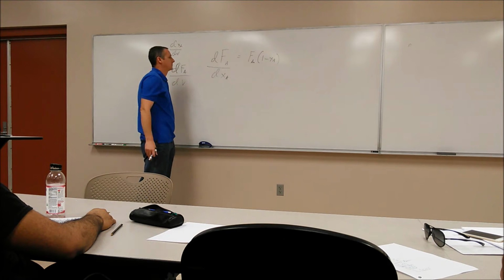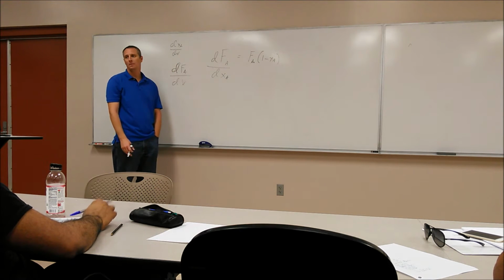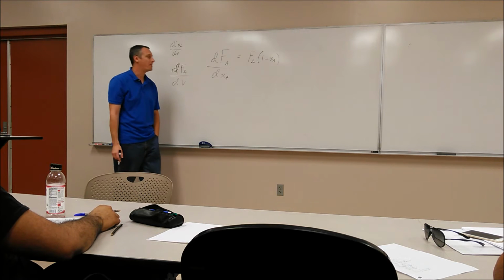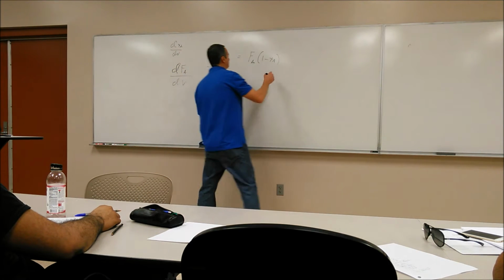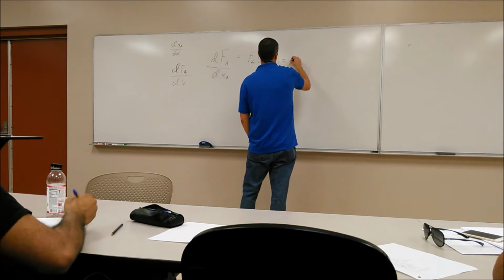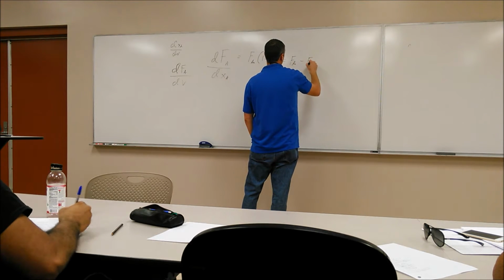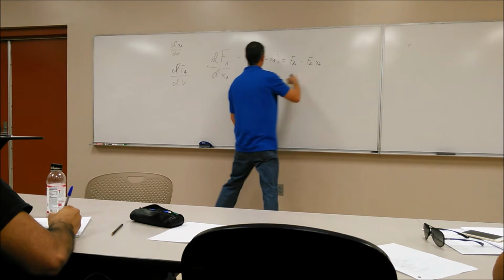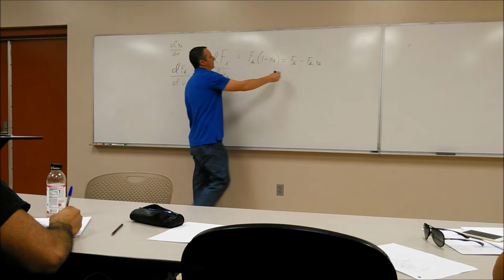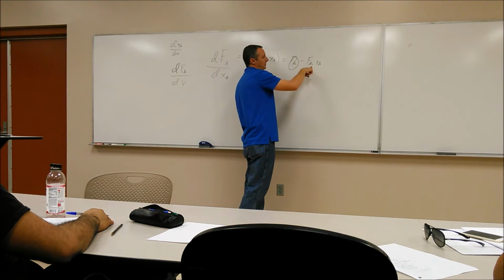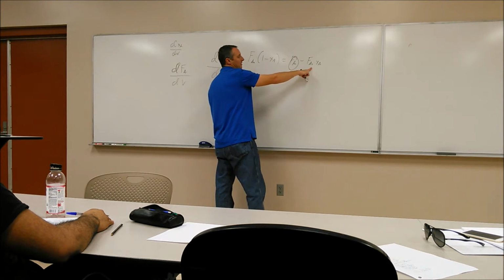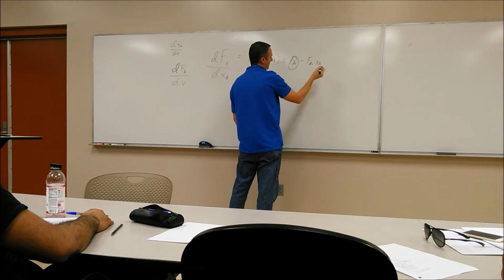What's the derivative of that with respect to XA? Negative FA naught. Right? This equals FA naught minus FA naught XA. What's the derivative of a constant? What's the derivative of this with respect to XA? Minus FA naught.